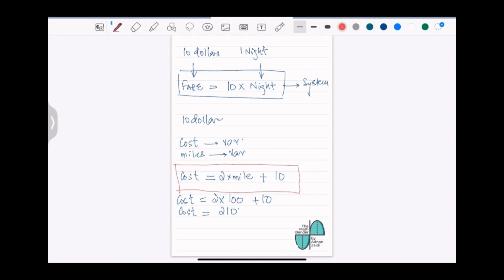For example, I could have taken this equation as y equals 10x, and we are used to taking it this way. But rather, I took night and fare as my variables. The downside of using y and x is that you're not able to connect it with the real life example.